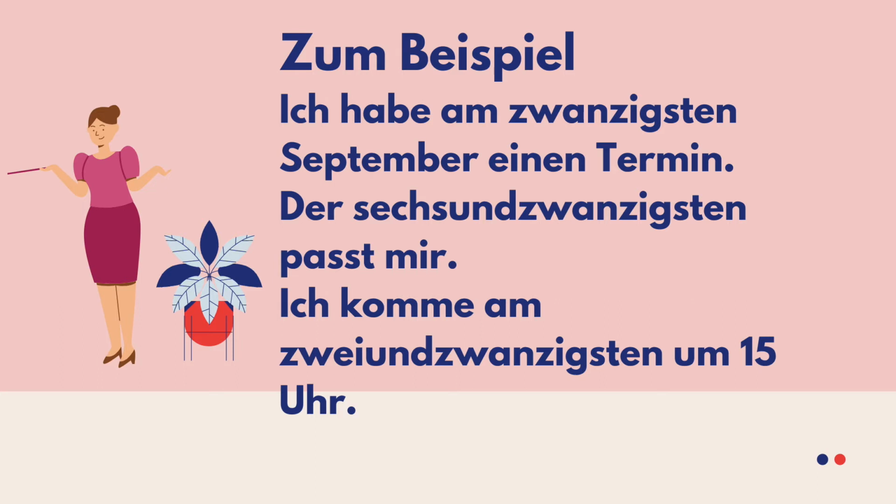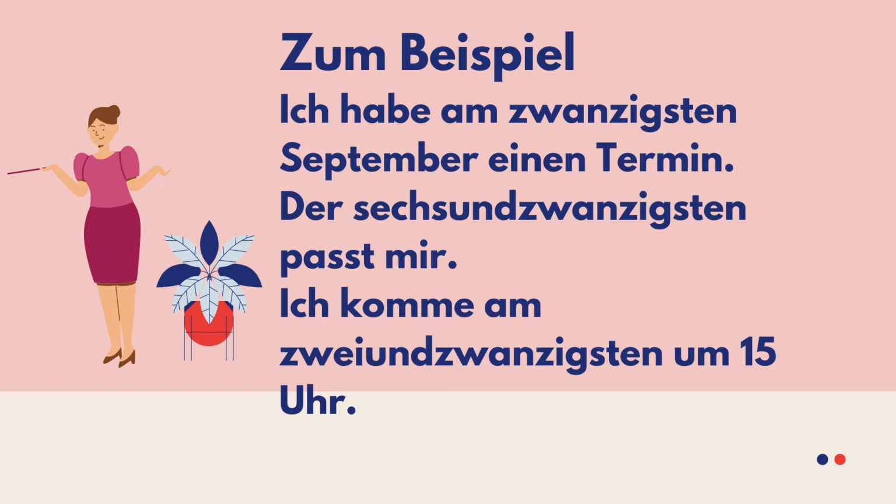In the last sentence, ich komme am 22. um 15 Uhr, which means I come at 3 p.m. on the 22nd. So it means that person will come on the 22nd of the month, and we don't know which month it is. Yeah, we can only see here the date, the day, yeah?